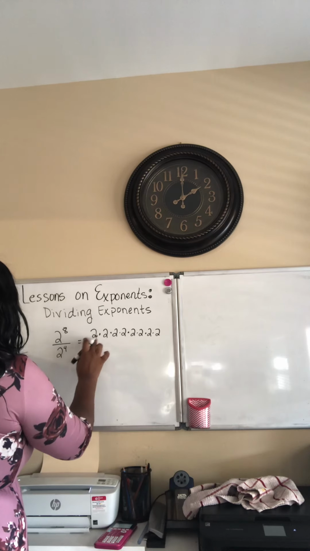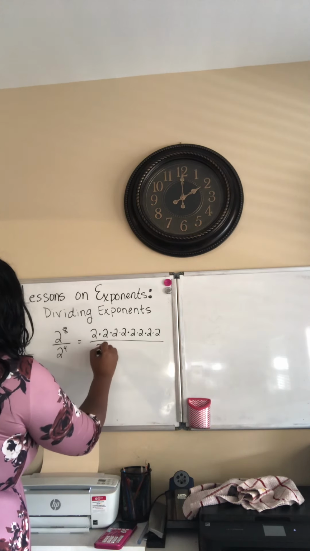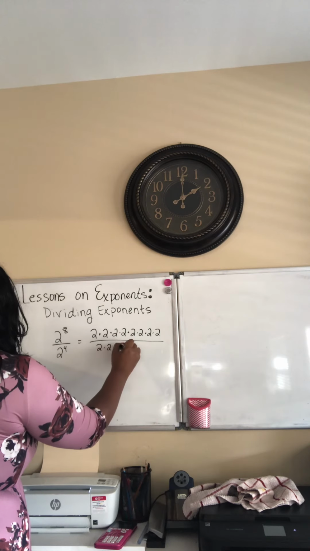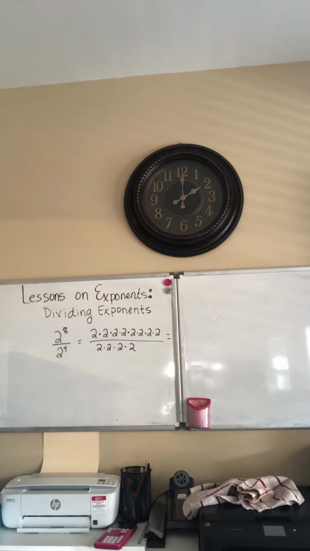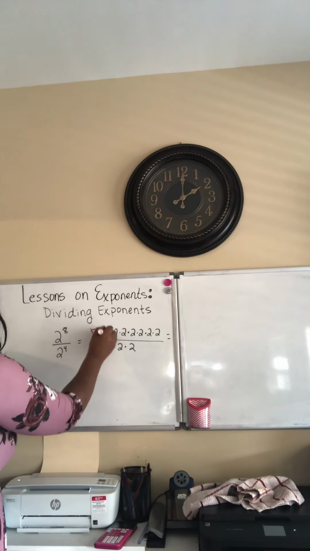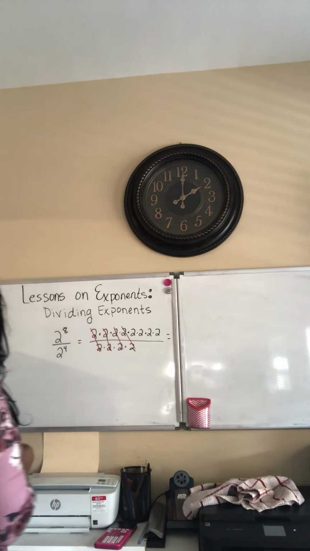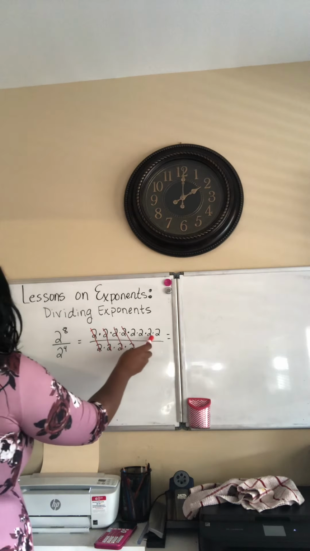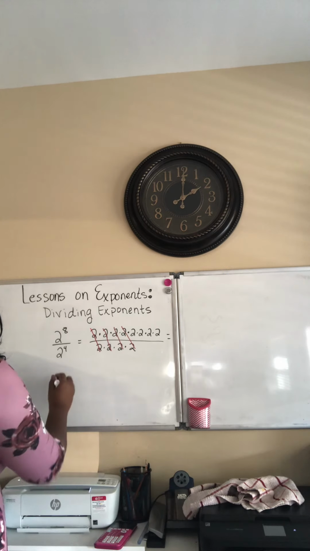Double check yourself: 1, 2, 3, 4, 5, 6, 7, 8. Then we have 2 times 2 times 2 times 2. Now, if we have the same number on the top and the bottom, we can cancel them. So cancel that set. This set will cancel. This set will cancel. And that set will cancel. So we're left with how many 2's? 1, 2, 3, 4. So we have 2 to the 4th power.